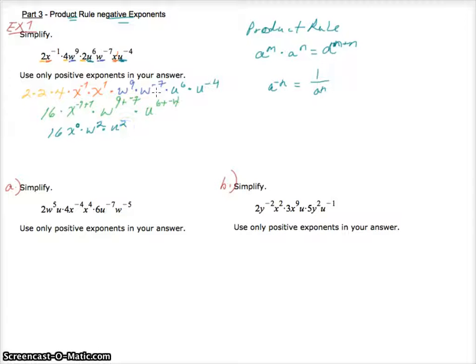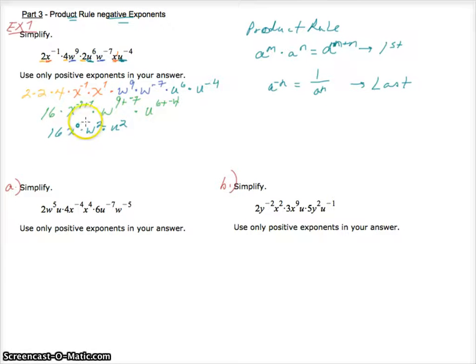So in this situation, I don't even have to use my negative exponent rules. So this is what we want to apply first. This is what we want to apply last.